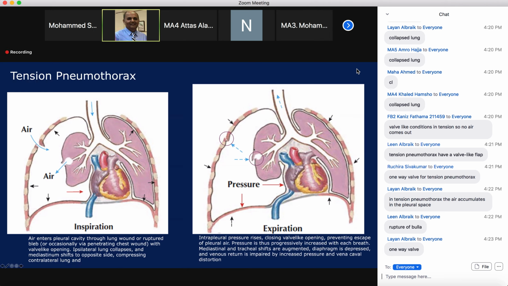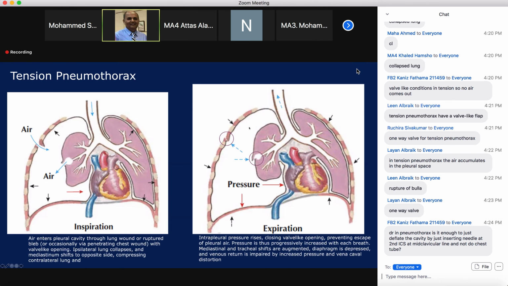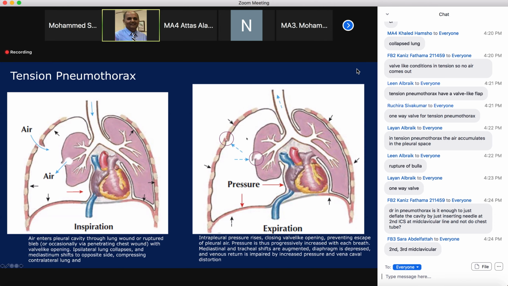Now this is an emergency. We have to insert a needle. Where to insert a needle in this situation? You can see that the lung has been collapsed. The best possible way, we can access from the mid-clavicular line, from the front, second or third intercostal space.